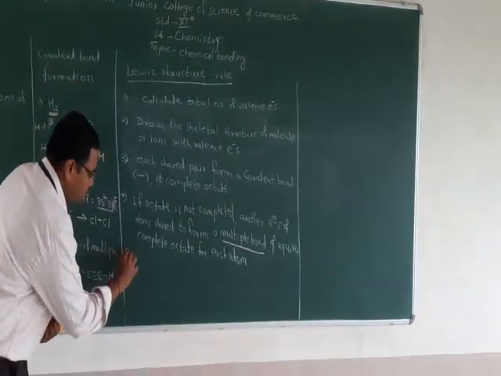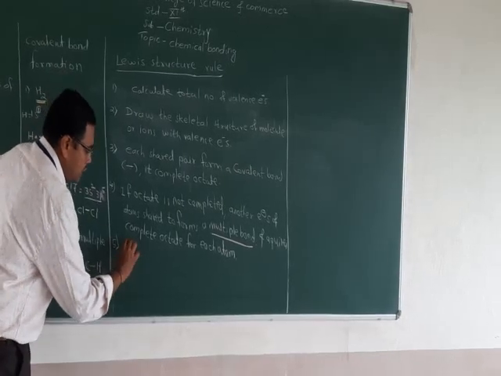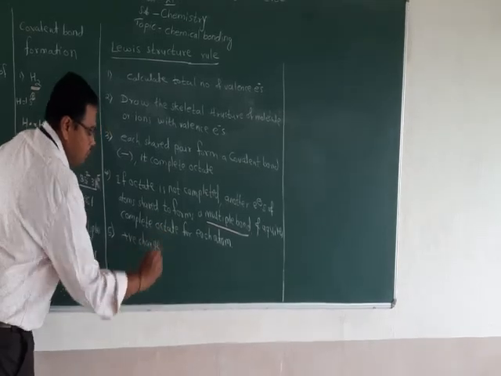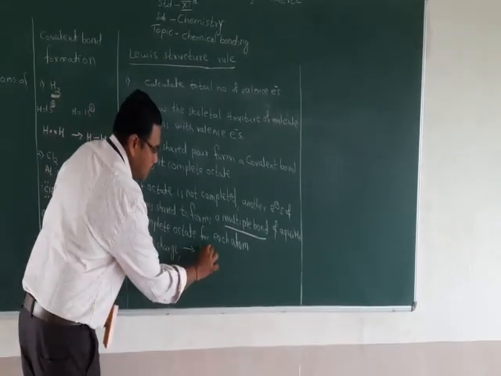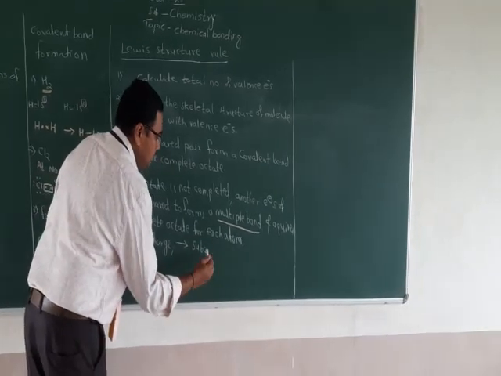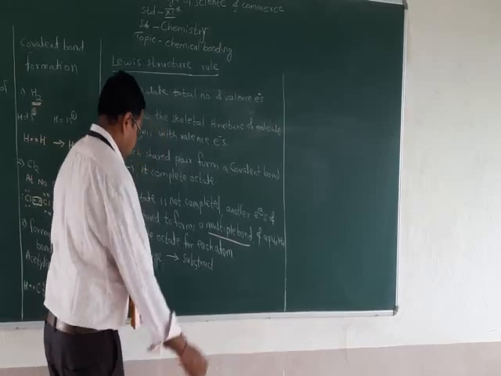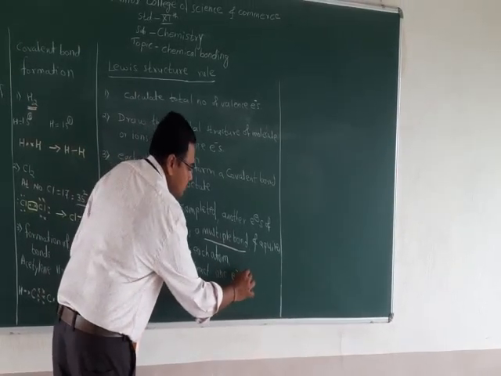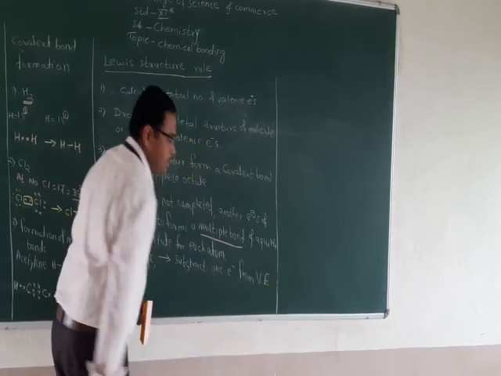Fifth rule: if there is a positive charge present on the element, then subtract one electron from the valence electrons.